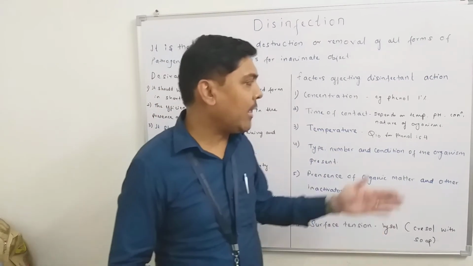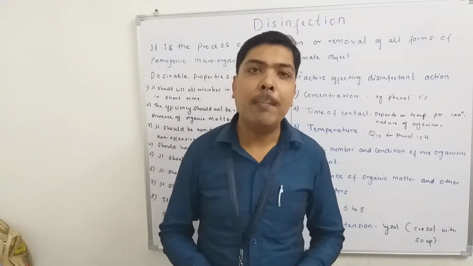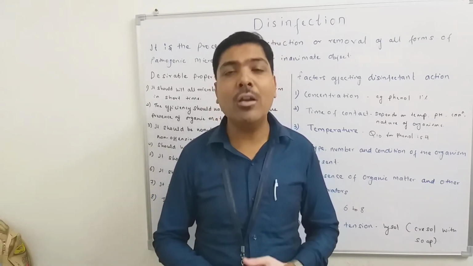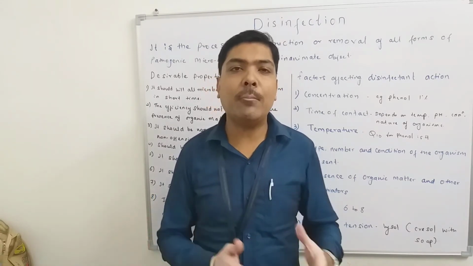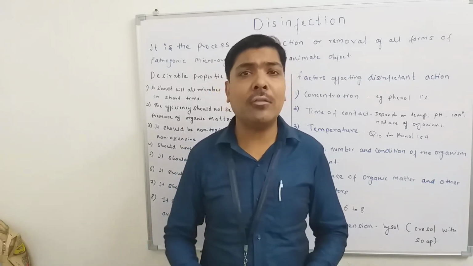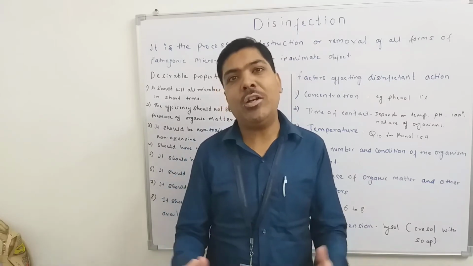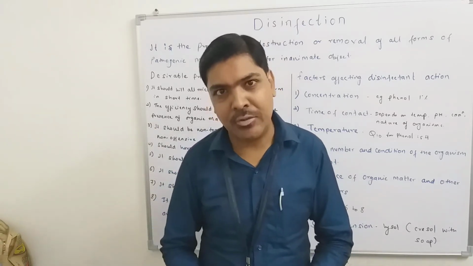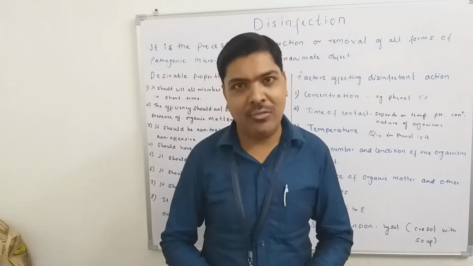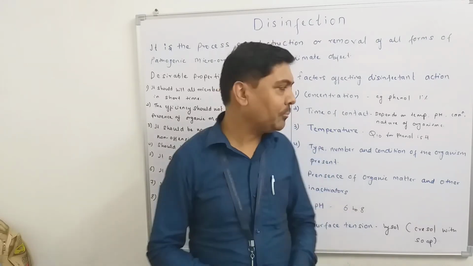Again, if we take an example of phenol, if we increase the temperature by 10 degrees, then the activity of the phenol increases 4 times. For example, if you are switching from 20 to 30 degrees, the activity of the phenol increases 4 times. So we can conclude that the temperature also affects the activity of the disinfectant.